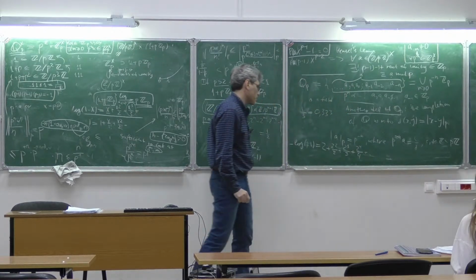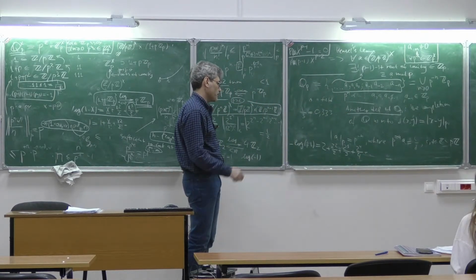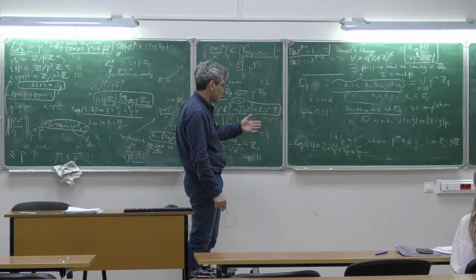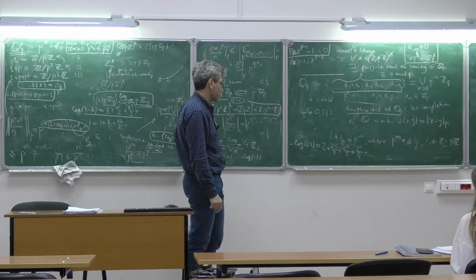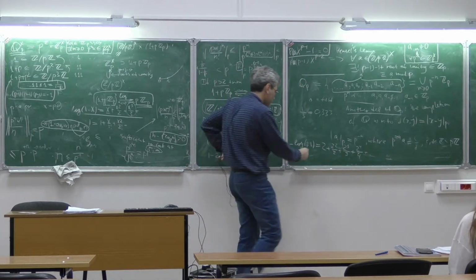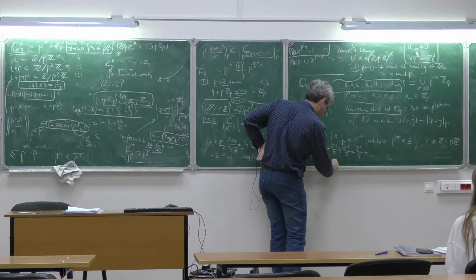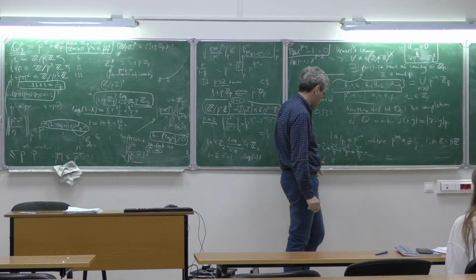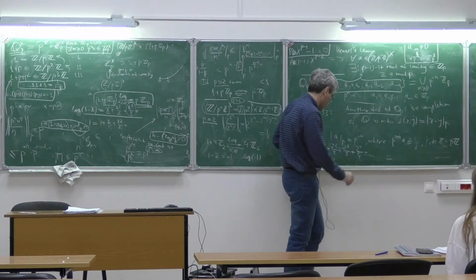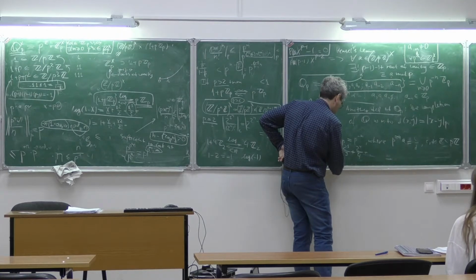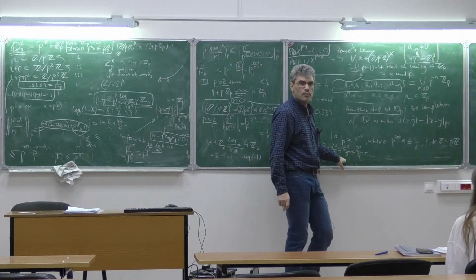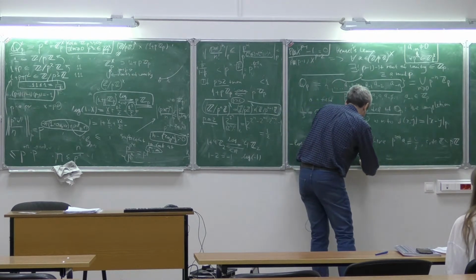Of course, you can try to calculate the first several terms. For instance, this is 2, then this is also 2, so you get 4. Here you also get 4, so this will be 8. 8 plus 8 over 3 will be 32 over 3.